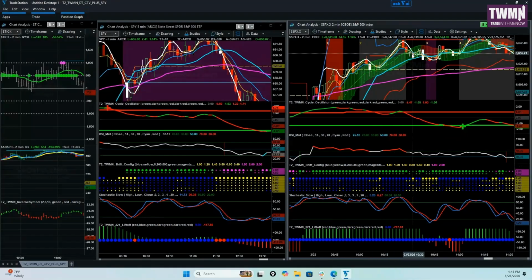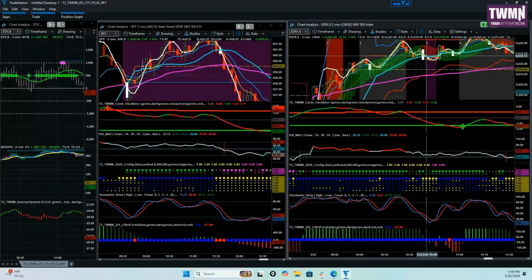Now, whenever we get a pullback, see, it's pulled back, but it's still green right here. So it pulls back inside the energy band here. And you can see that the slope of the energy band starts to flatten out a little bit right here. And then right here, we get moving average crosses, and this is also around 10:30.